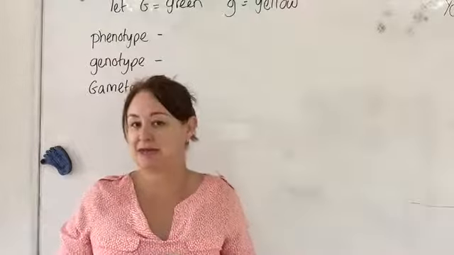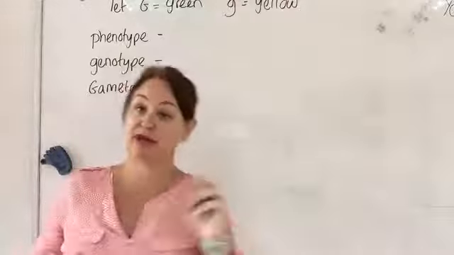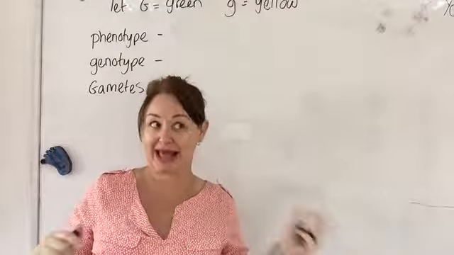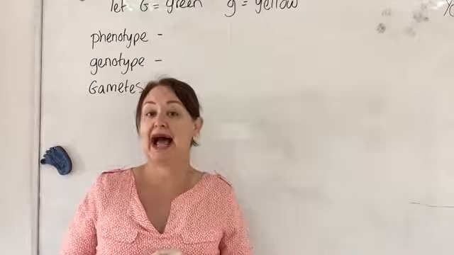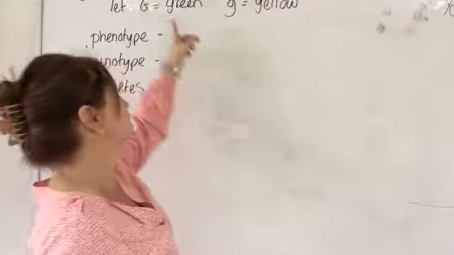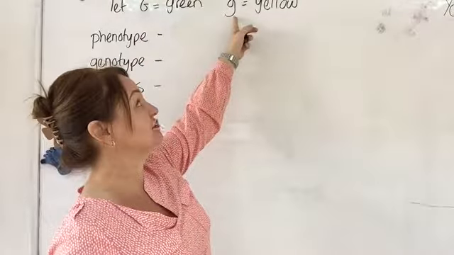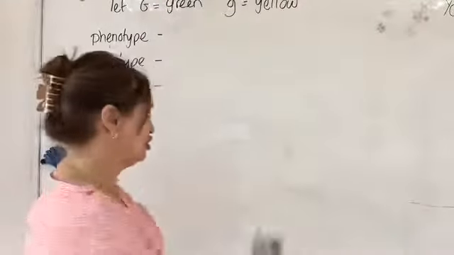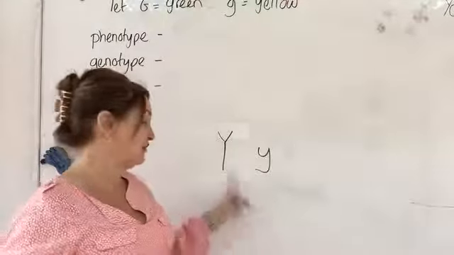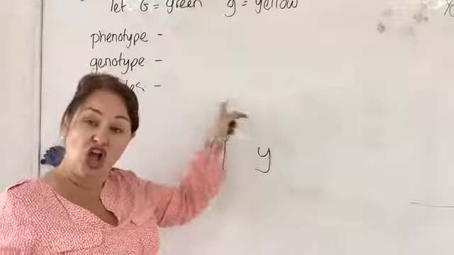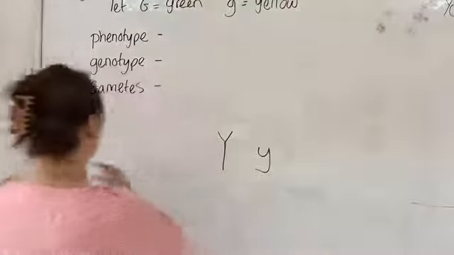Let's stick with the same example and imagine that we've got green pea plants and yellow pea plants, and that green is dominant to yellow, and the green is represented by a big G and the yellow is represented by a little g. I didn't choose to use yellow and yellow for green and yellow because they are lowercase and the uppercase are too similar and I could get mixed up in my diagram.